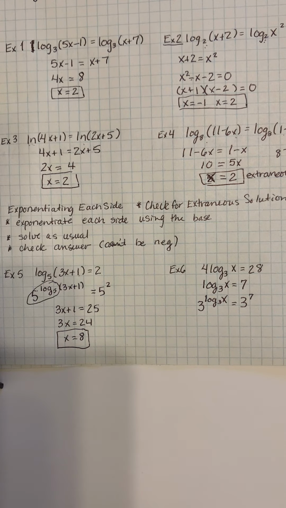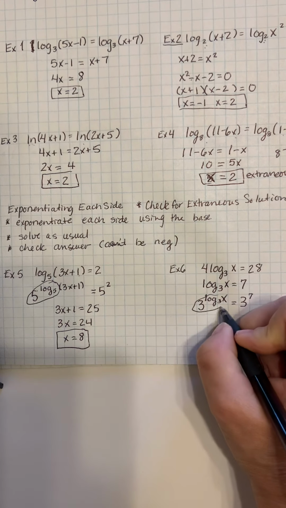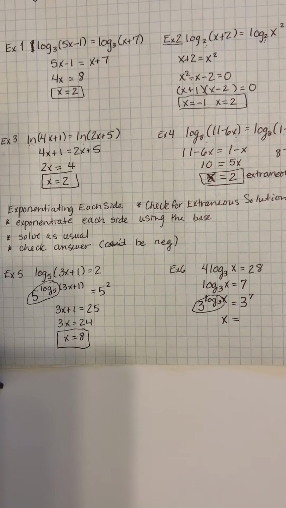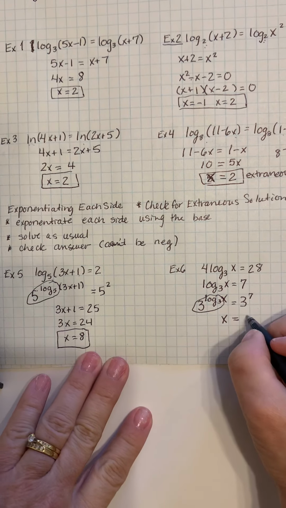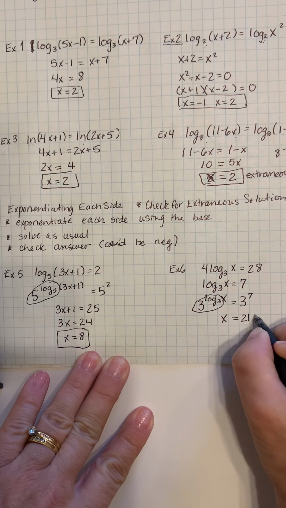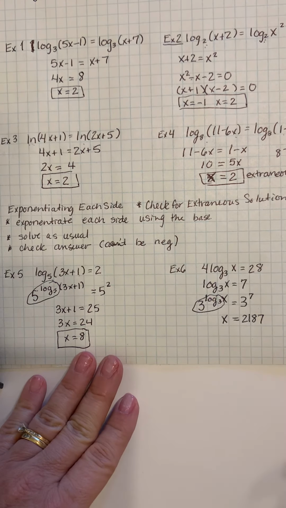All right. Now these undo each other, leaving us with x is equal to 3 to the 7th power. And I did this ahead of time because I don't know what 3 to the 7th power is. It's a big number. 2,187. And that does not make that negative. So we're good with that.